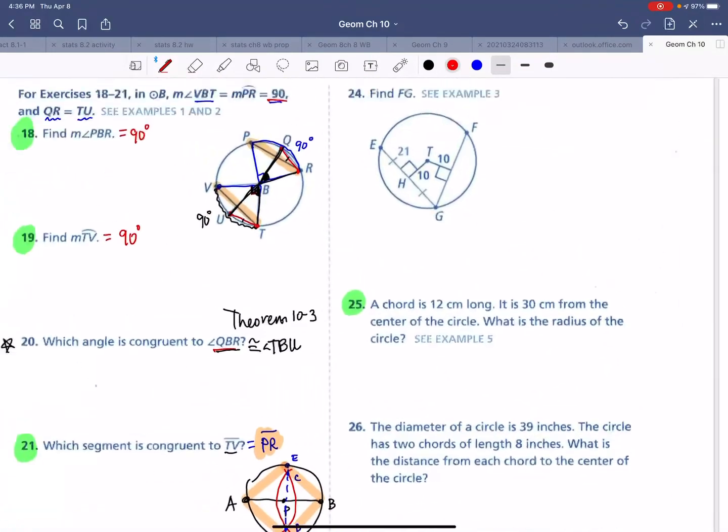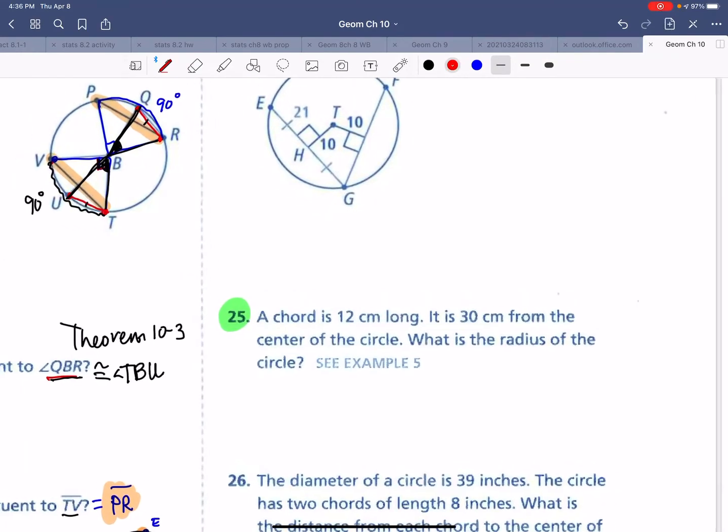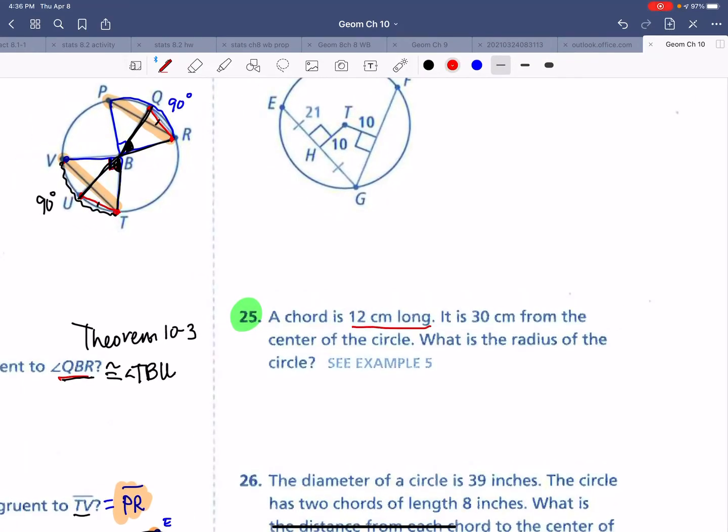Okay, question number 25. A chord is 12 centimeters long. It's 30 centimeters from the center of the circle. Okay, so it looks like we have a circle. That's 30 centimeters from the center.